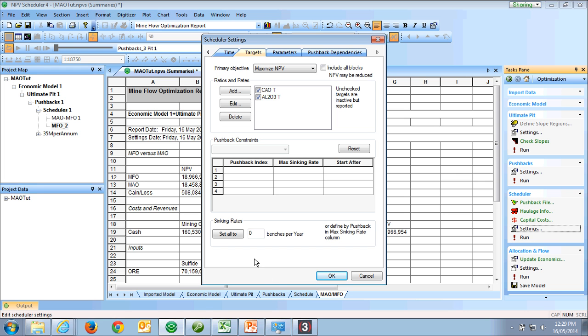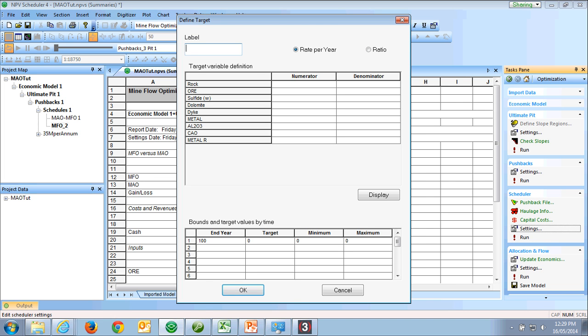So I can add a target for my rock tons. We can say that in any given year, I can have a maximum of 7 million and a minimum of, we can allow the minimum to be 0, but our target should be something around 5 million.